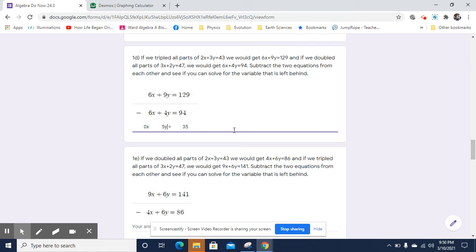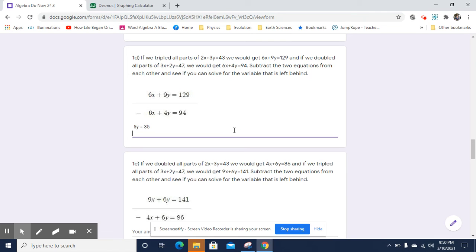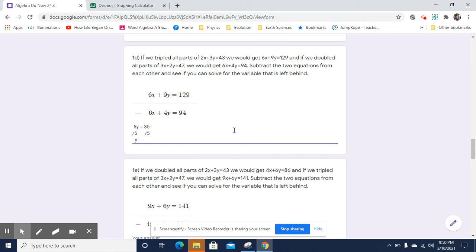And now we can ignore the 0x, so we're left with 5y equals 35. And we can finish solving that by dividing both sides by 5, and then we'll end up with y equals 35 divided by 5, which is 7. And that is $7 per propeller beanie. A bargain at any price since it allows you to fly.